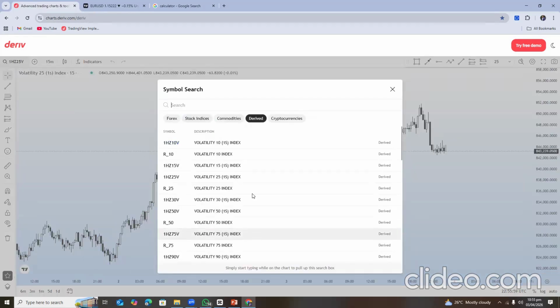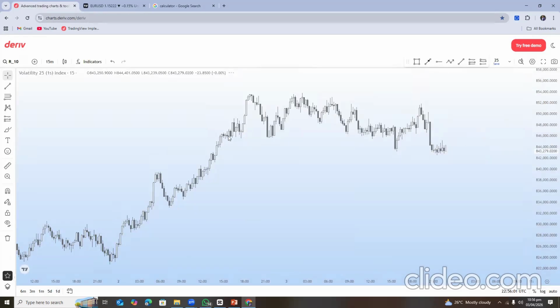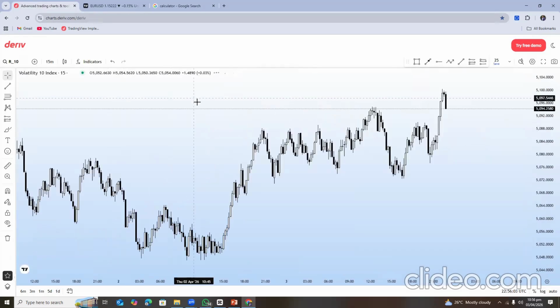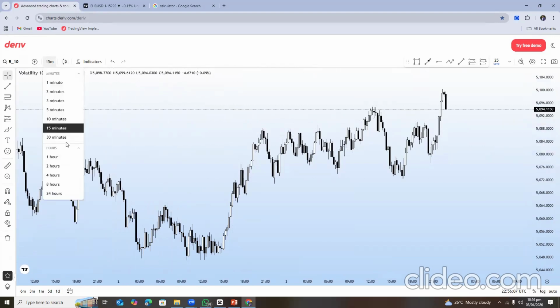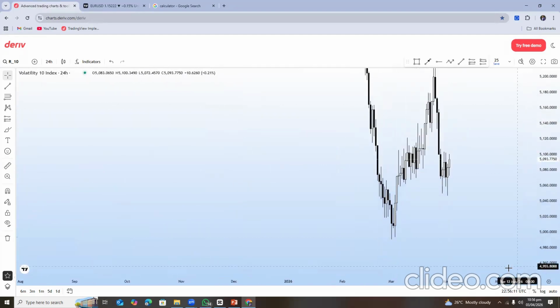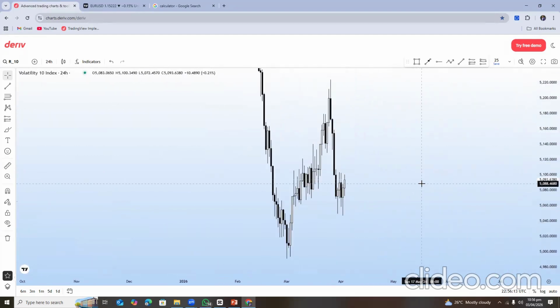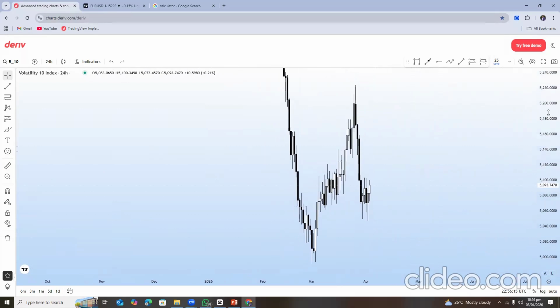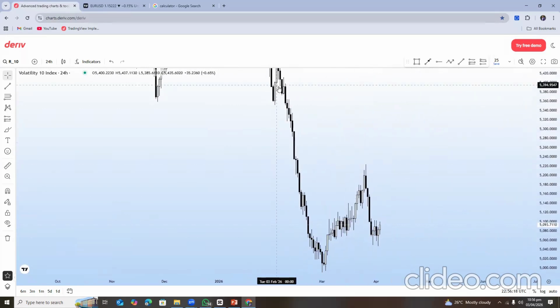So let's see. There is this market that I posted yesterday. I want us to look at it again. This market right from here is in a beautiful downtrend.